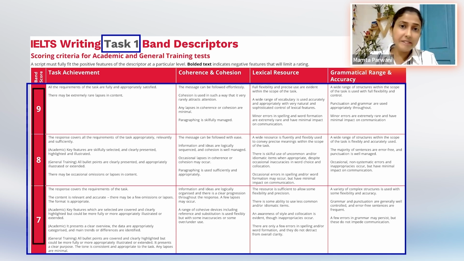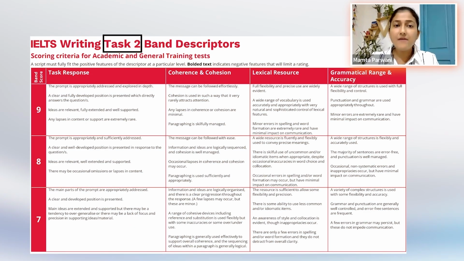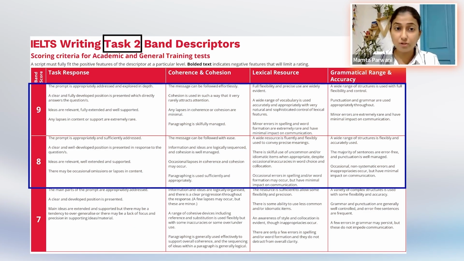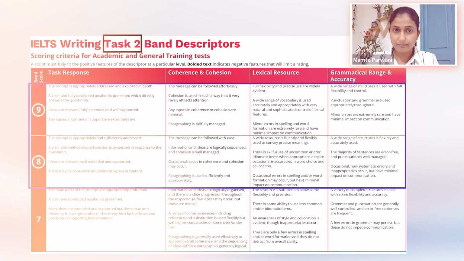Now, what is the logic here? The basic idea that you need to understand is, if you know that this is how your writing should be, somewhere between this and this, 8 and 9. So, if you know these band descriptors, if you understand that this is what is being judged, right? So, you will write accordingly so that you get somewhere between 8 and 9.